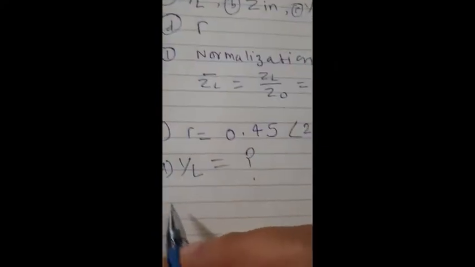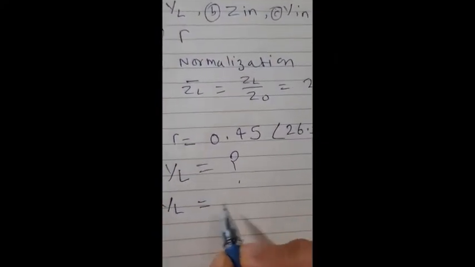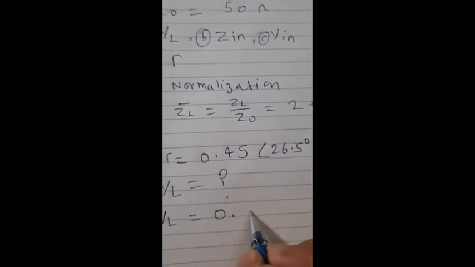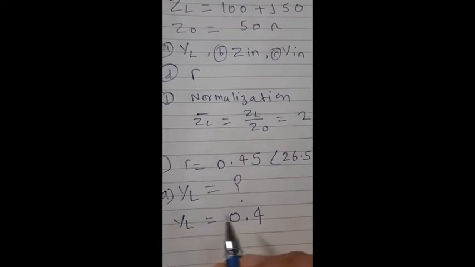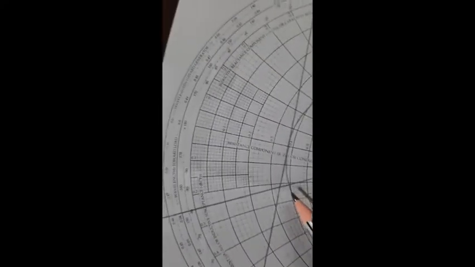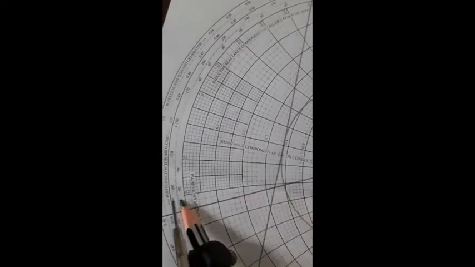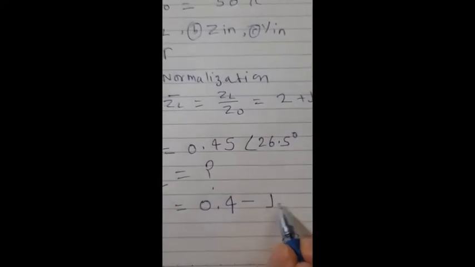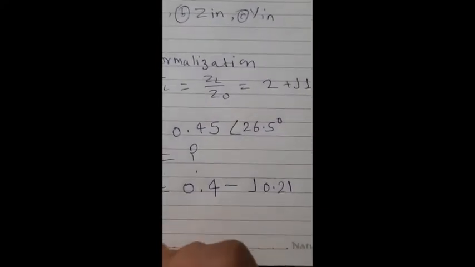So I'll mark it that YL bar is equal to 0.4 minus j, let's say 0.21, so 0.4 minus j0.21, right?